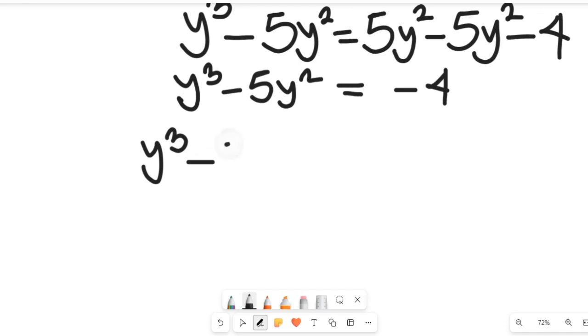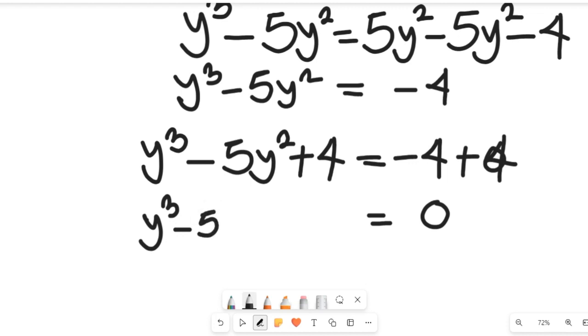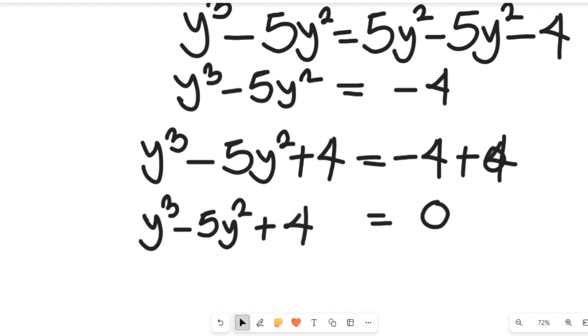So we have minus 5y squared plus 4, and this will be equal to negative 4 plus 0 plus 4, and this is going to give us 0. Good. And then we'll have our y to the power of 3 minus 5y squared plus 4, and this will be equal to 0.